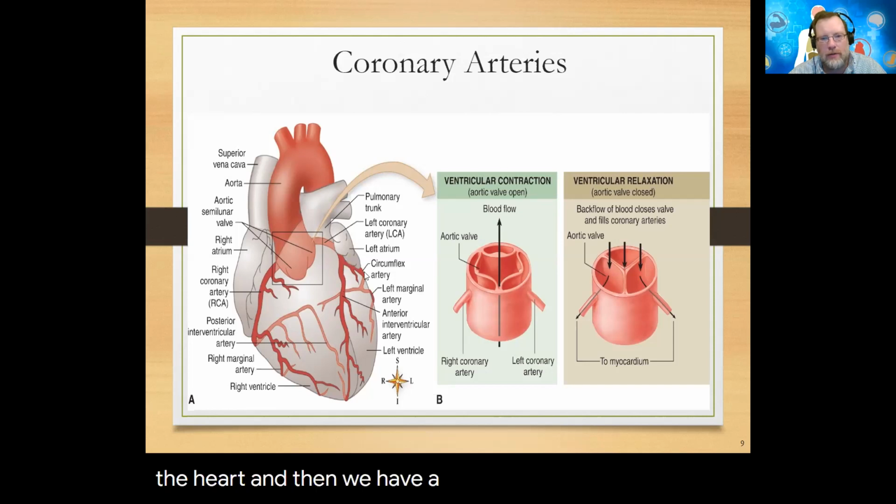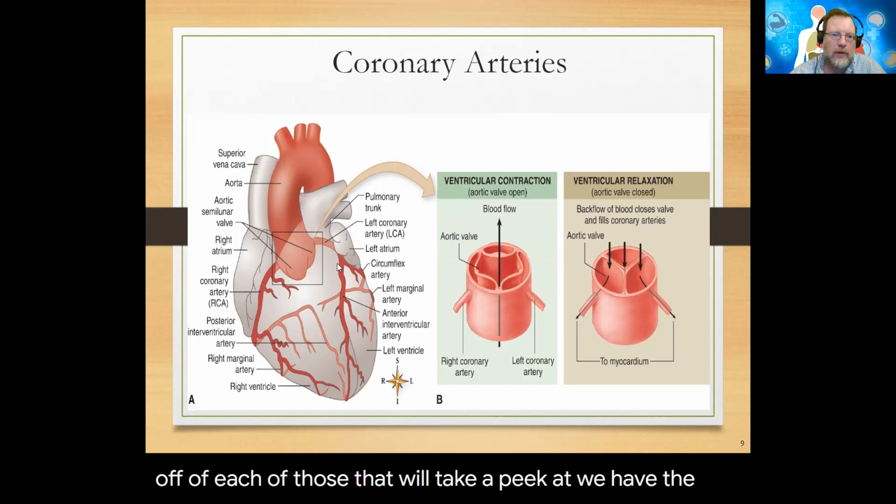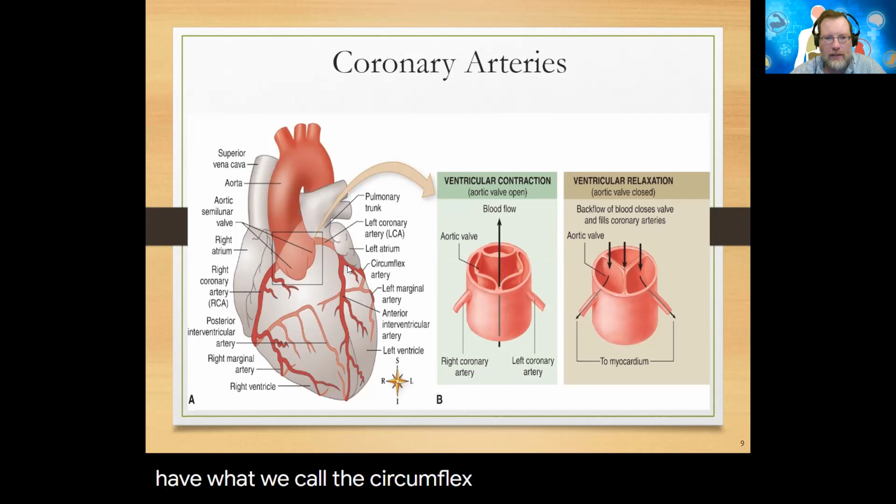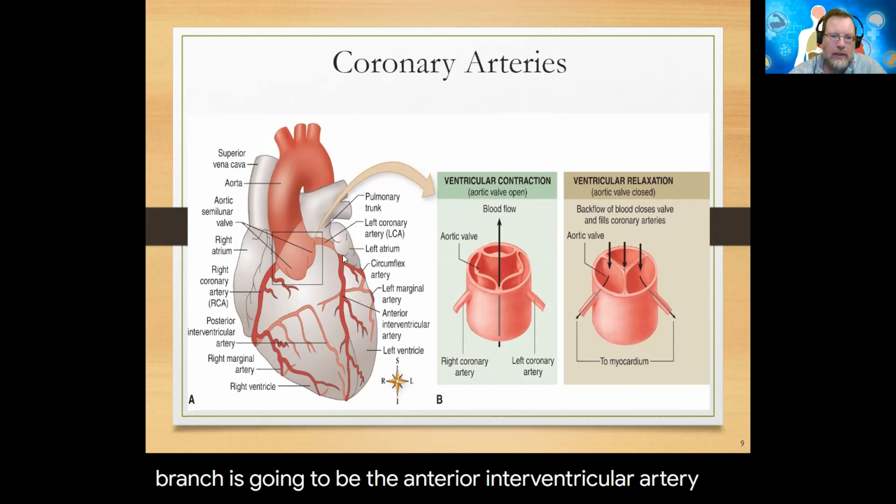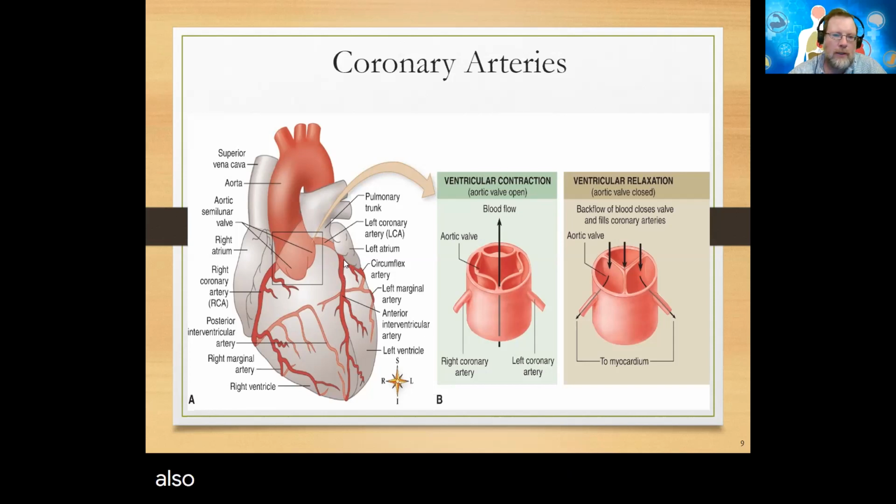And then we have a couple of branches coming off of each of those that we'll take a peek at. Coming off the left coronary artery, we have what we call the circumflex artery. And then the other branch is going to be the anterior interventricular artery, also known as the left anterior descending artery.